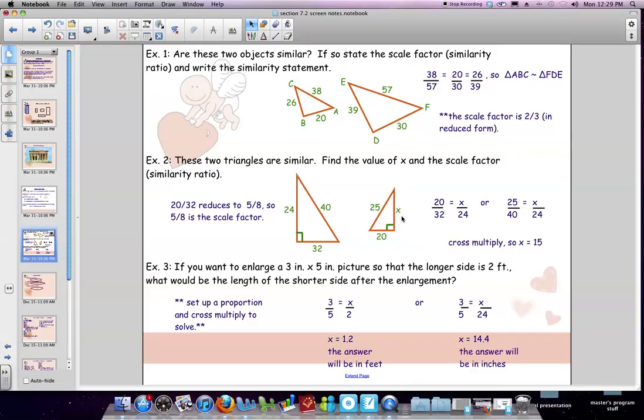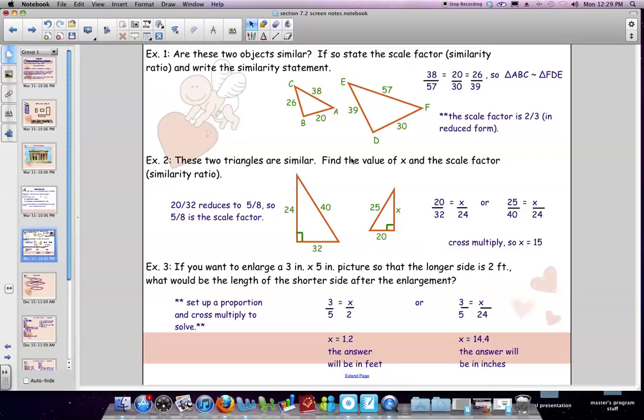To find the value of x, I could take either pair that I know both values to, so either 20 over 32 or 25 over 40, and then I would set the other fraction on the other side of the equal sign to create a proportion. So 20 over 32, that ratio would have to be the same as the ratio of x over 24. I know that because they're similar.